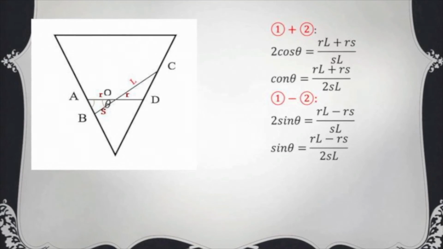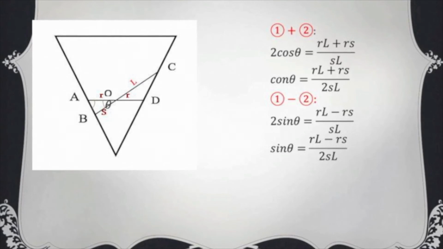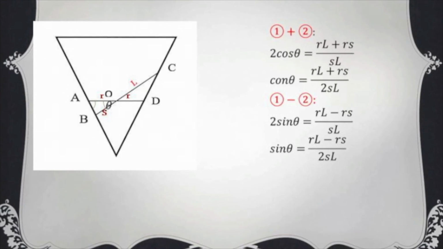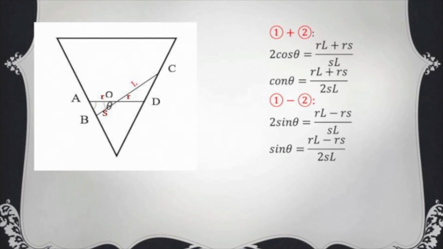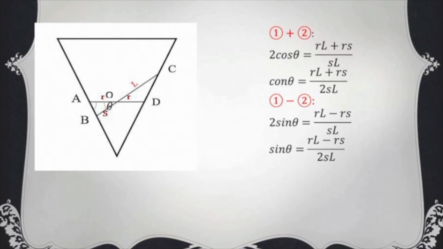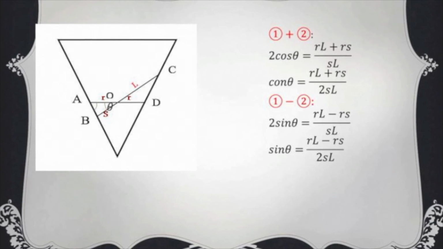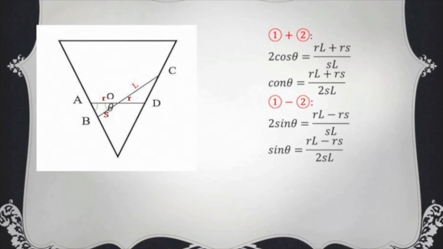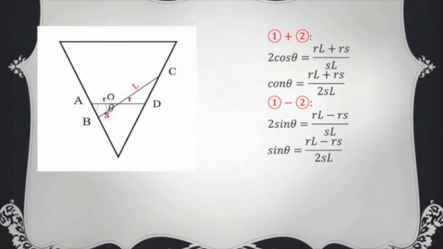So the first equation plus the second equation becomes 2 cosine theta equals (RL plus RS) over SL. And if we divide the equation by 2, it will become cosine theta equals (RL plus RS) over 2SL.